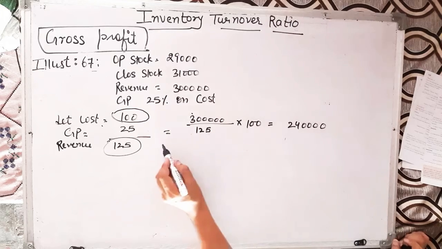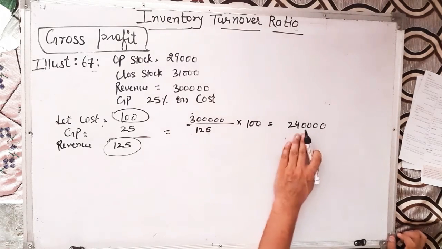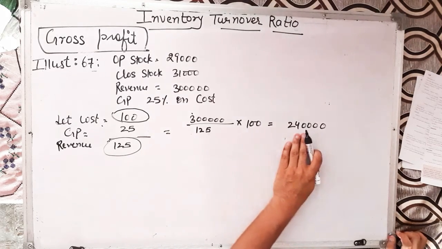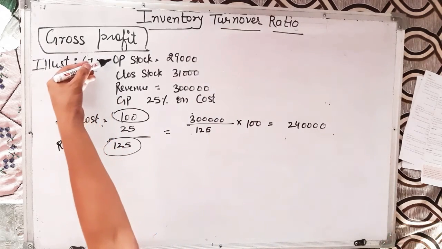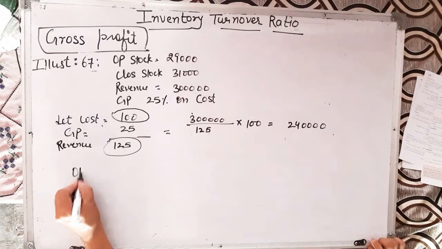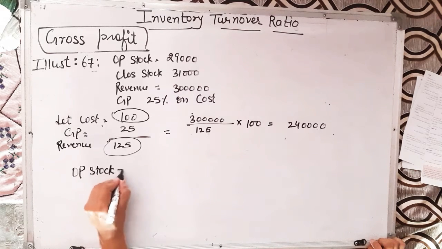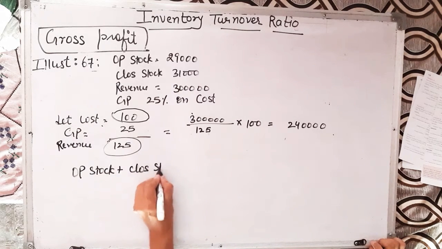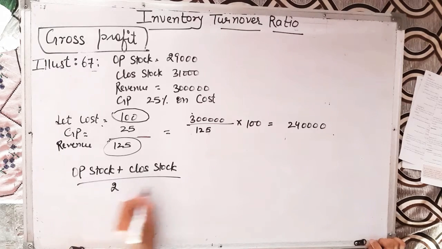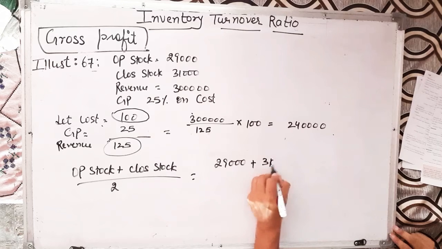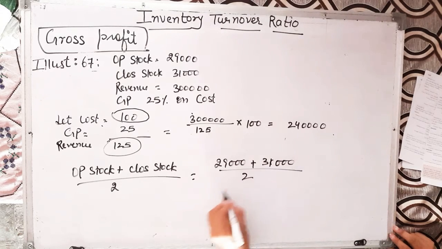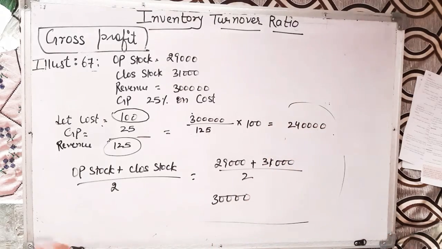Okay, so the cost of revenue from operation is equal to 2,40,000. Okay, now we need two other things. First one is opening stock plus closing stock divided by 2. 29,000 plus 31,000 divided by 2 is equal to 30,000. So other sum is very easy. Okay.